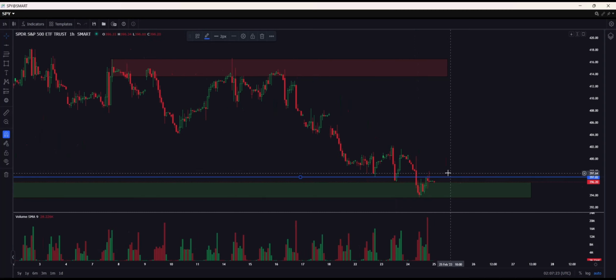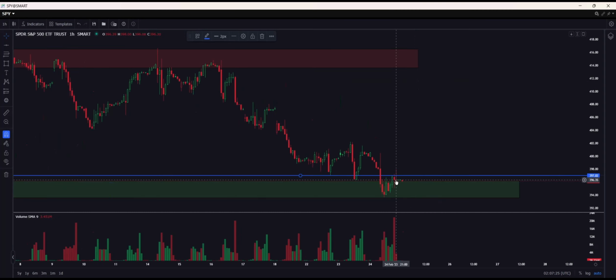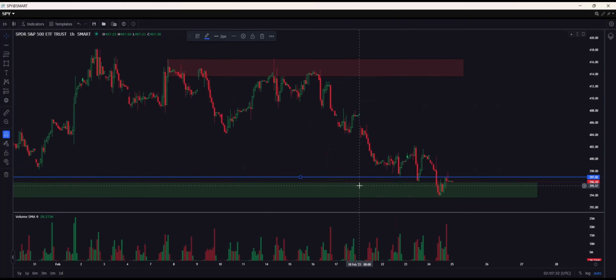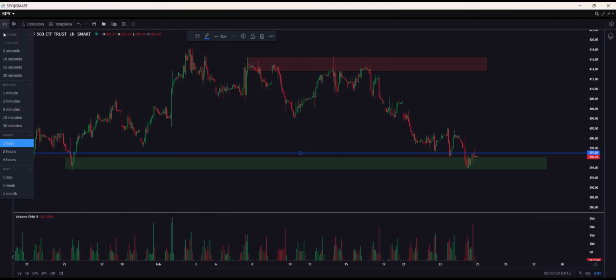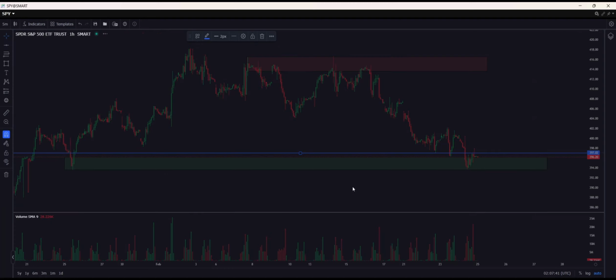I did call this out live in Team Bull when I did take this trade. Also the top of the demand. So I'll show you guys how I played this point going on to the 5 minutes.